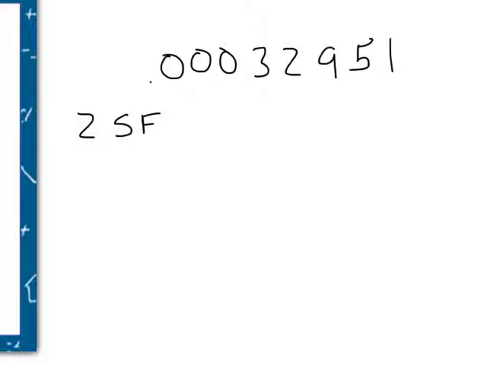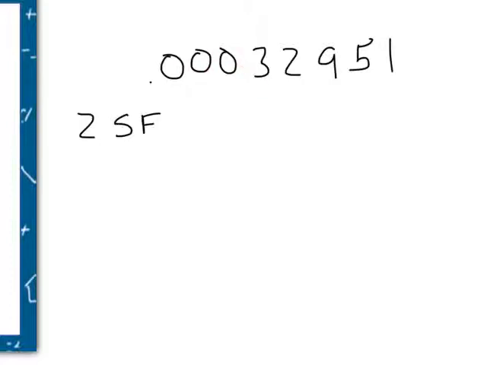Now the trick with this is to notice that we do have a decimal, so our rule tells us when there's a decimal, zeros in the front of the number are placeholders, so these are not significant. So I'm not going to say this is 1 significant figure, this is the 2nd significant figure, 0 doesn't round up, my answer rounds to 0 with 2 significant figures. No, these are just placeholders.